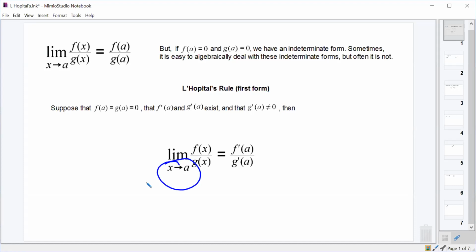If you want to find a proof of it, you can easily search for it online. It's not super complicated. But L'Hopital's rule says that if you have 0 over 0, and only if you have 0 over 0, at least for right now, you can take the derivative of the numerator and the derivative of the denominator and evaluate that new function at a, and it'll have the same limit.